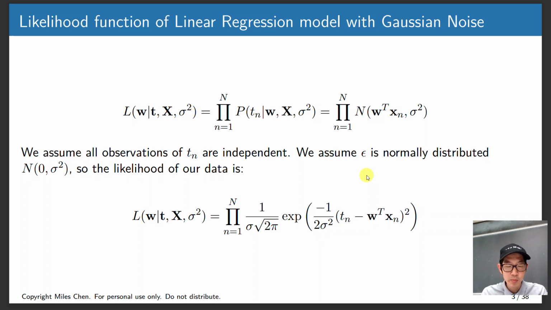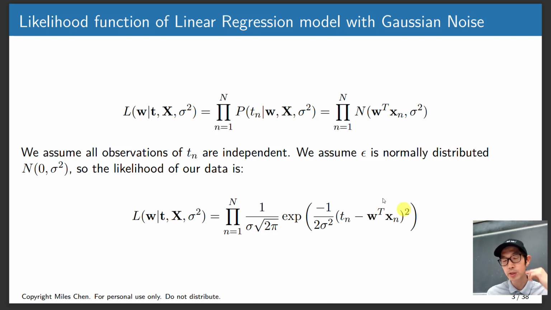Today I want to look at the maximum likelihood of the variance, and so we'll revisit the likelihood function. If we have a linear model where the predicted values are W transpose X of N, and we're assuming the true values are normally distributed around this mean, with some variance sigma squared, then we'll take the PDFs.